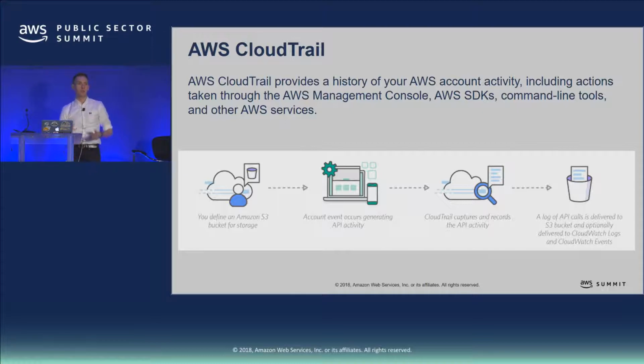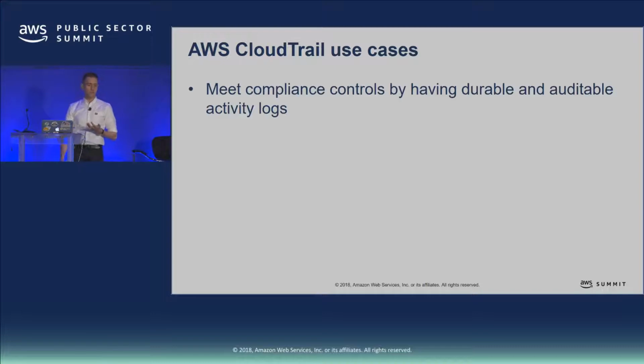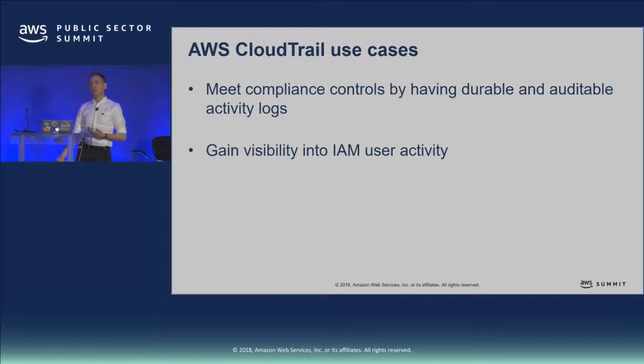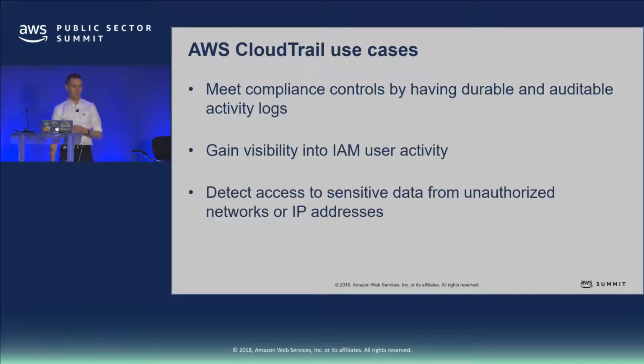CloudTrail can record to an S3 bucket in the account it's configured in, or it can be pushed out to a bucket in a different account, which is what we were doing in that demo. So use cases for CloudTrail: obviously meet compliance controls, gain visibility into IAM user activity. You may want to push this into a log analysis system so you can alarm on things like people logging in, doing things at odd hours, stuff like that.